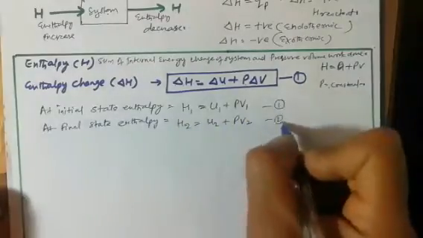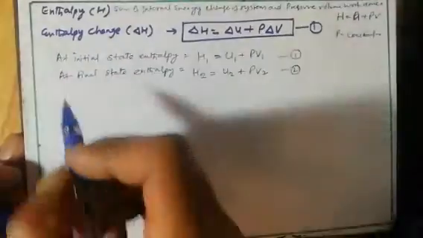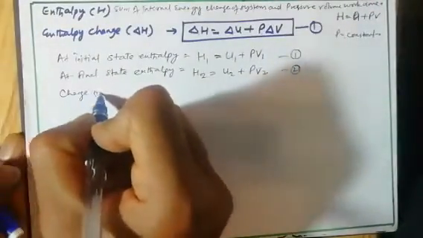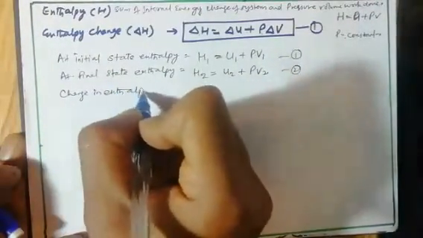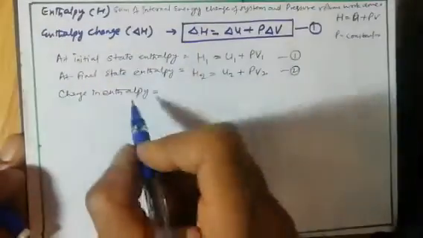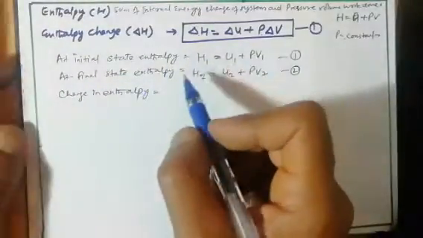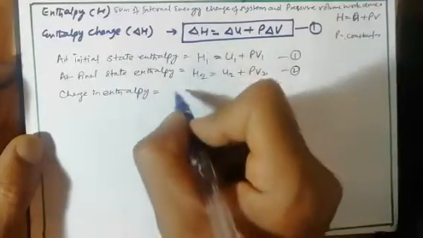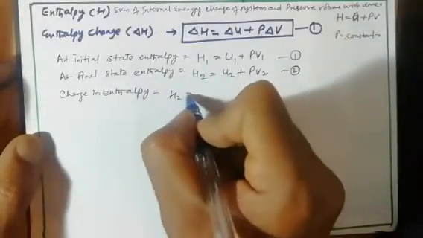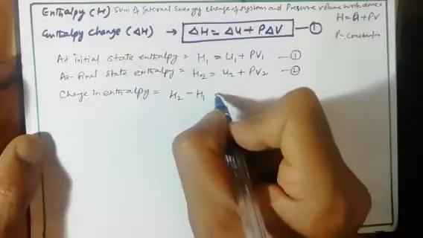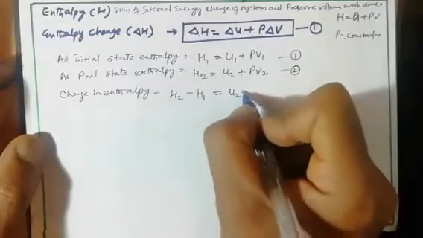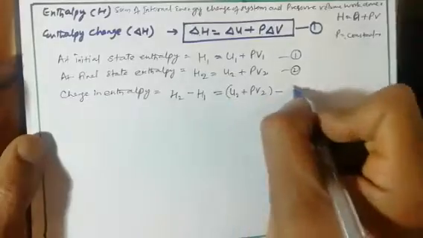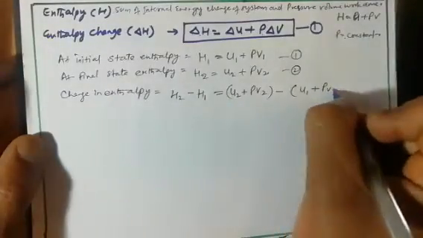This is equation 1, this is equation 2. Now the change in enthalpy: how much change is there in the enthalpy of the system? That is H2 minus H1 is equal to U2 plus PV2 minus U1 plus PV1.